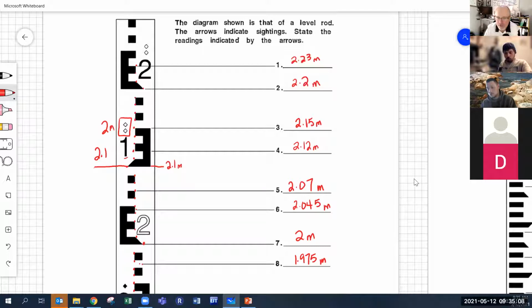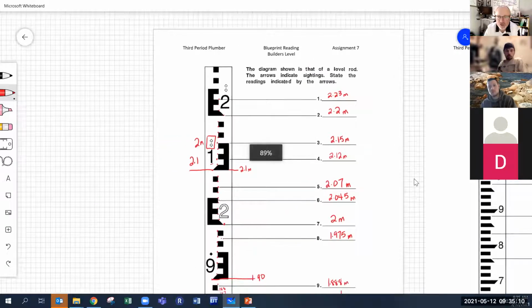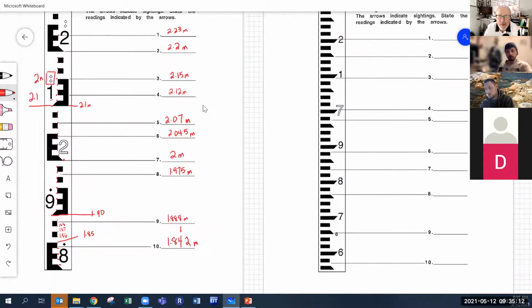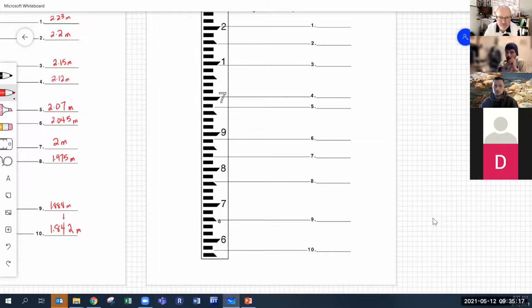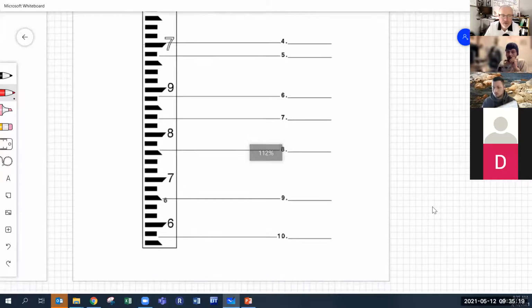Now, Doug, okay, yeah. Let's go to an imperial measurement rod next. So we will try to read this.